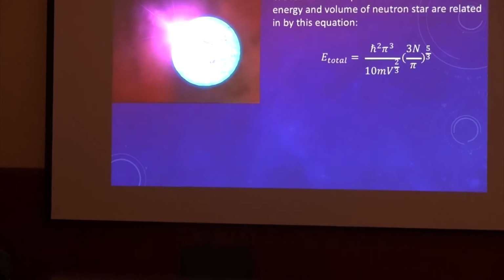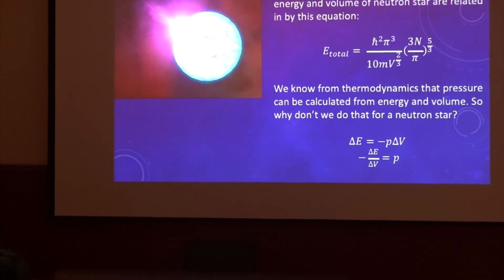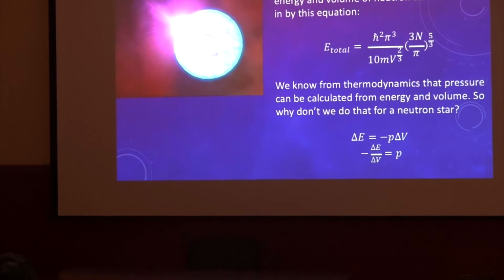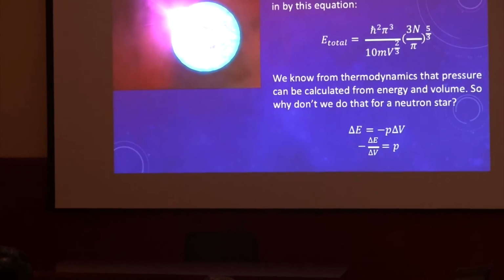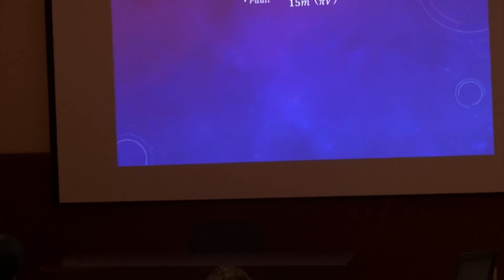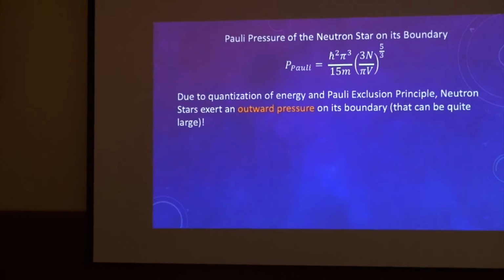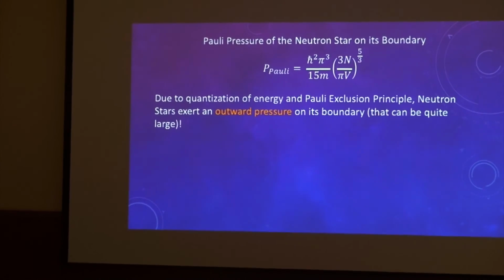So using those things, rearranging so that pressure equals negative delta E over delta V, we find that the Pauli pressure of a neutron star is described by this equation. And this is positive, so this is an outward pressure.